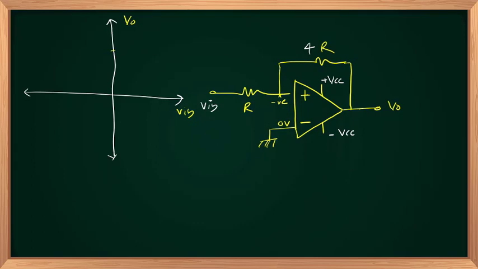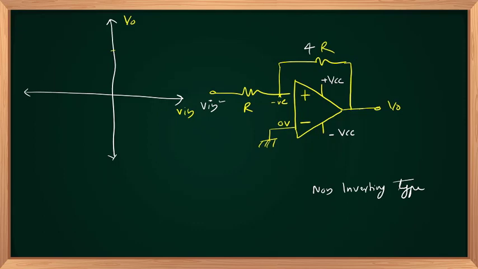Okay, we have the other circuit here in which I have moved my V in from the inverting input to the non-inverting input side, and I have changed the resistors to 4R and R instead of R and R. So my Schmitt trigger is called the non-inverting type Schmitt trigger circuit, because I have connected my V in to the non-inverting input.